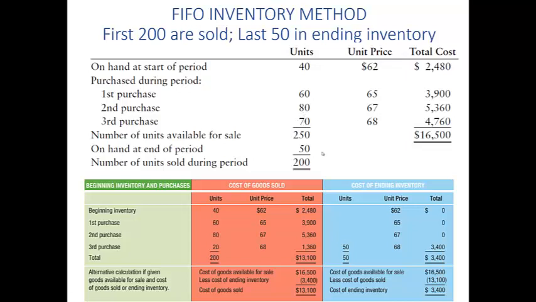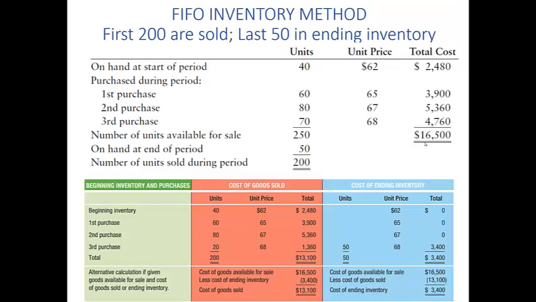So I can cost those out really easily. Down here I have 50 units at $68, so my cost of ending inventory is $3,400. Well, I can easily get my cost of goods sold by subtracting 3,400 from 16,500, and I would get 13,100.